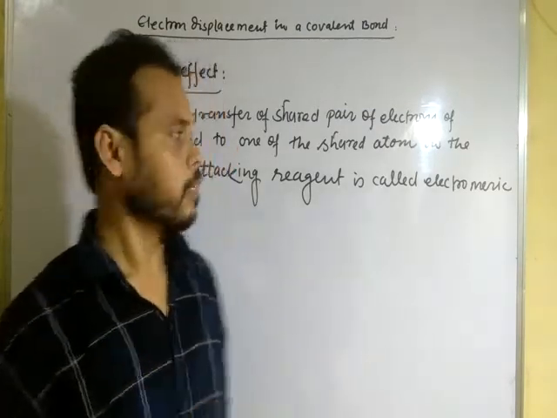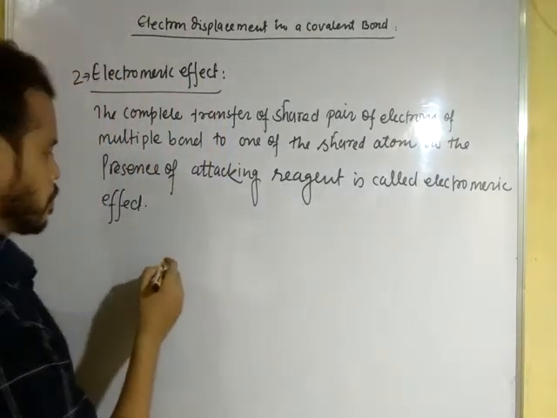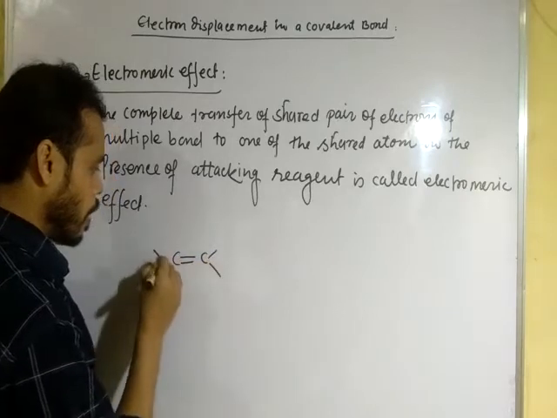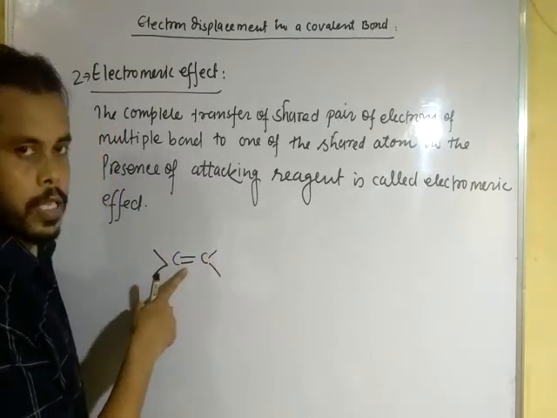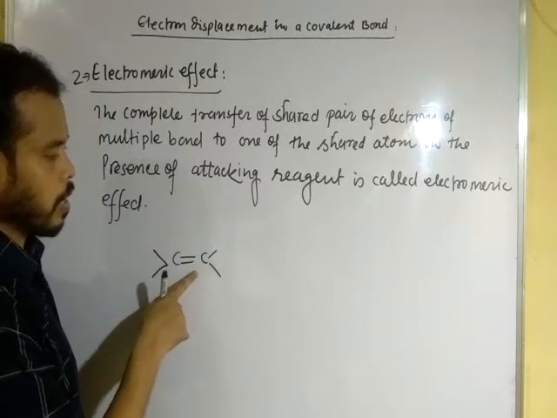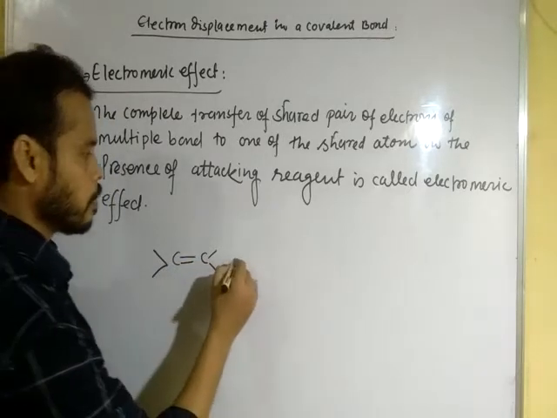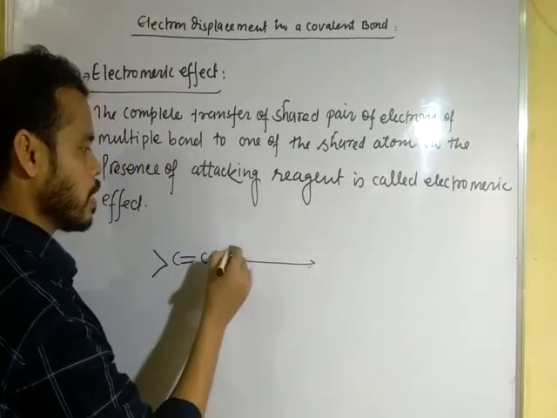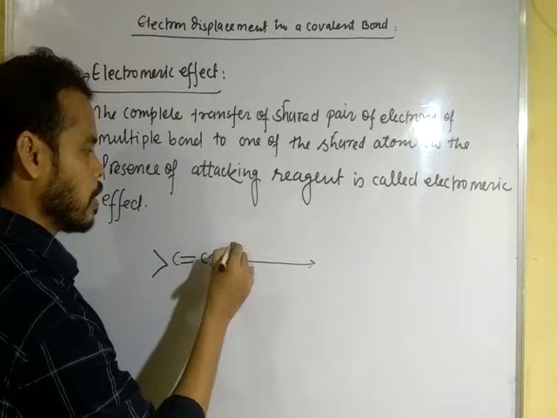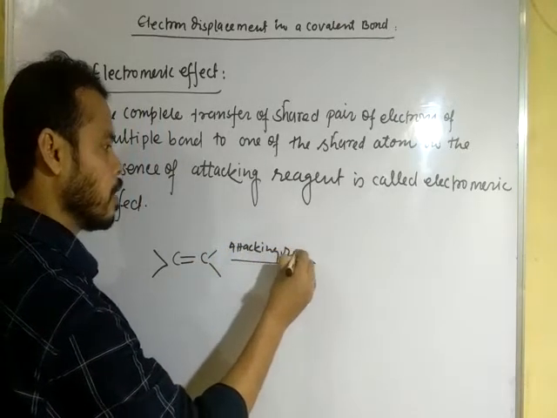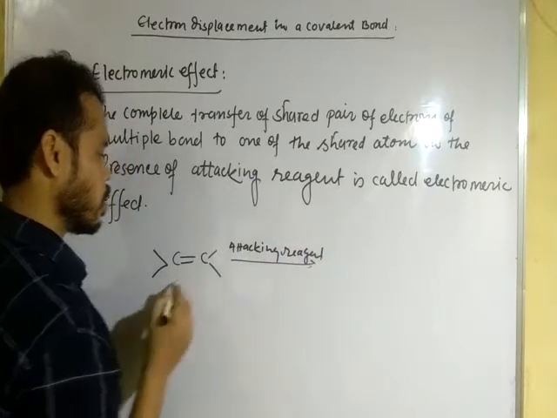See here, suppose one pi bond, one sigma bond and one pi bond are present between carbons, and there is a presence of an attacking reagent, written here.